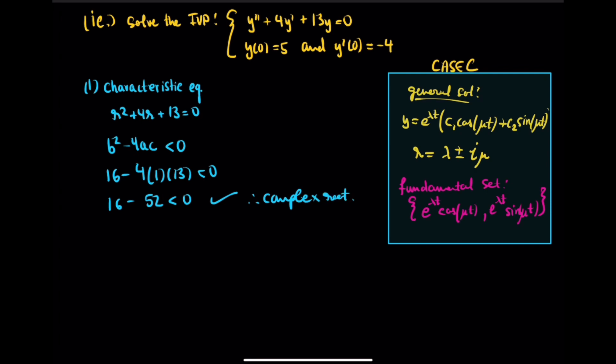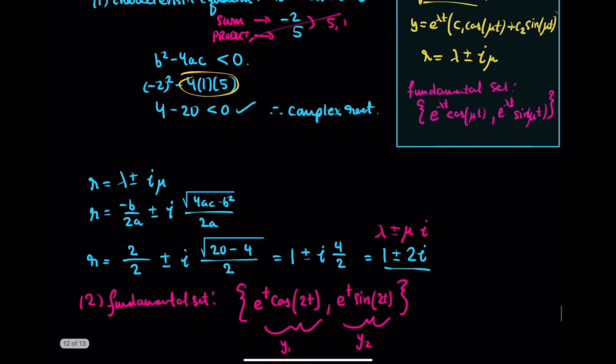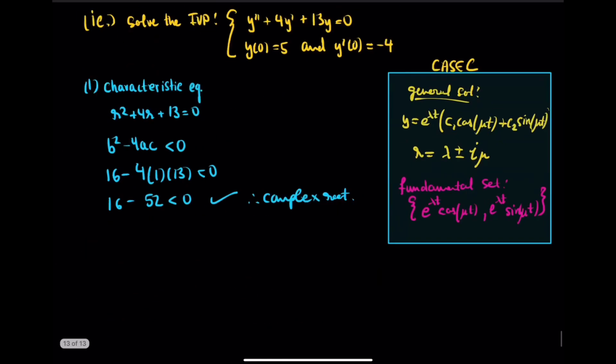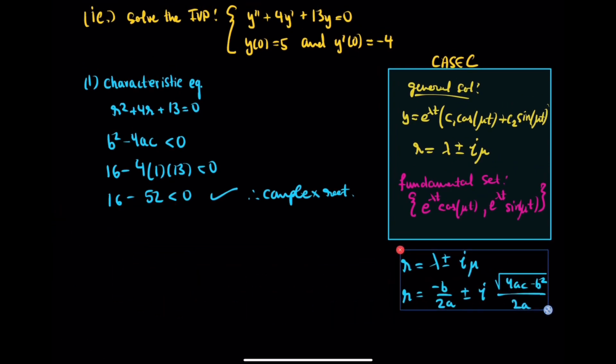Okay, so then now we have to find r, and I'm just going to come up here and copy all this. So in order to solve, we need to find r. So r is minus b, so minus 4 over 2 plus minus i square root of 4ac minus b squared.